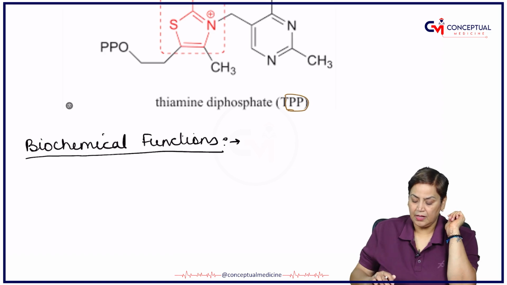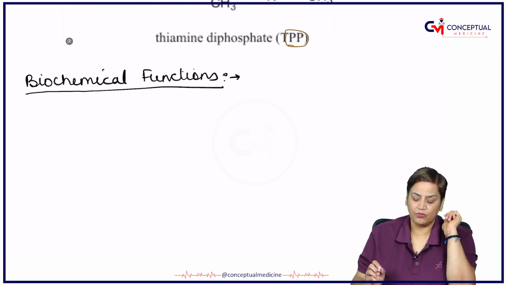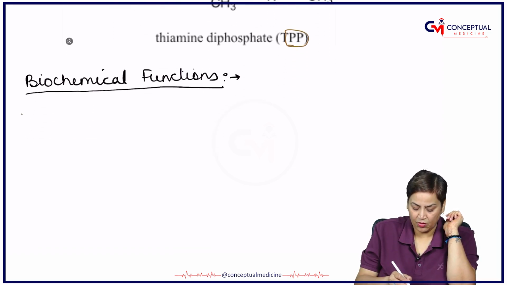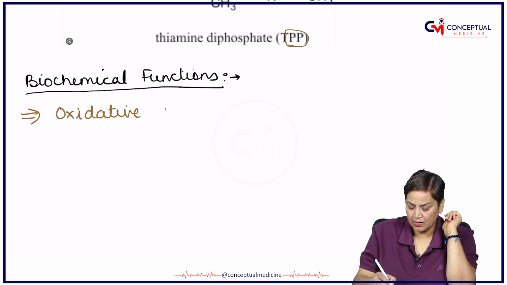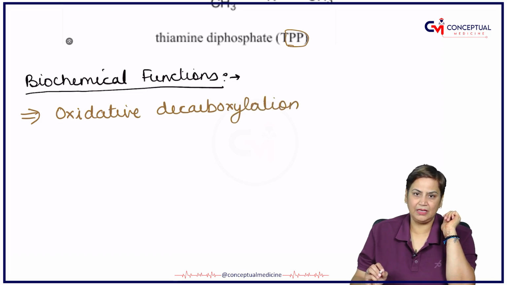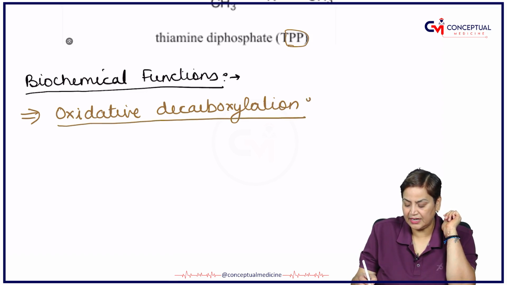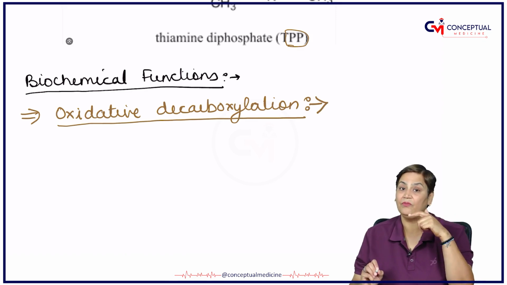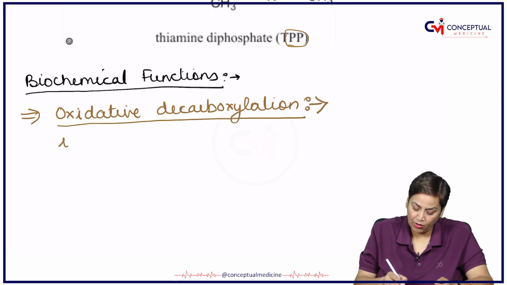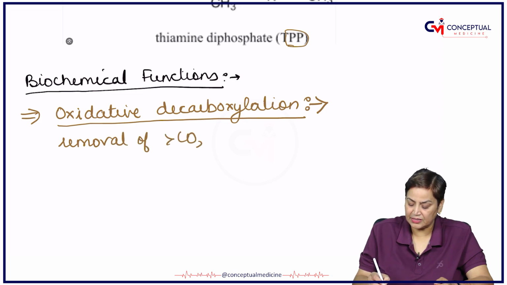Now, this thiamine pyrophosphate is required for oxidative decarboxylation. Very, very important. The most important function of thiamine pyrophosphate is that it is required for oxidative decarboxylation, which means the removal of carbon dioxide in the presence of oxygen.